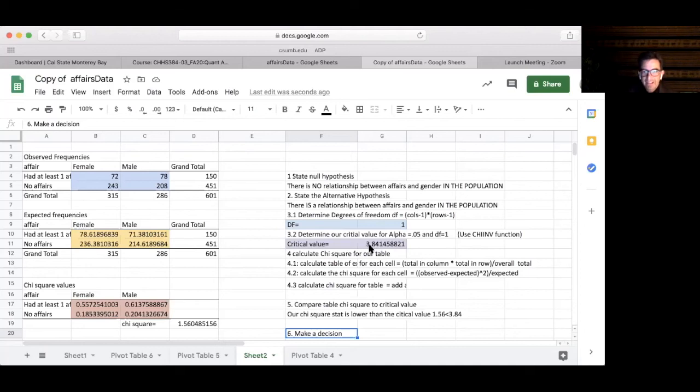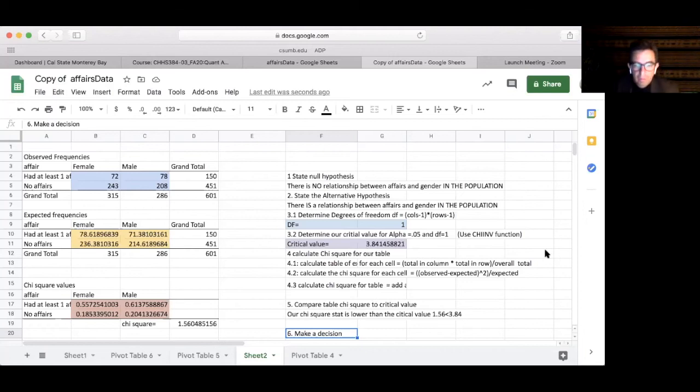Chi-square statistics higher than 3.84 would come less than 5% of the time. But chi-square statistics of 1.6 would be a lot more common, right? We would get them higher than 1.56 more than 5% of the time.